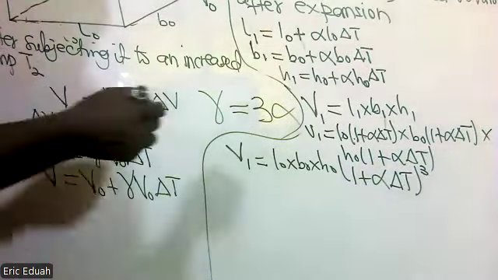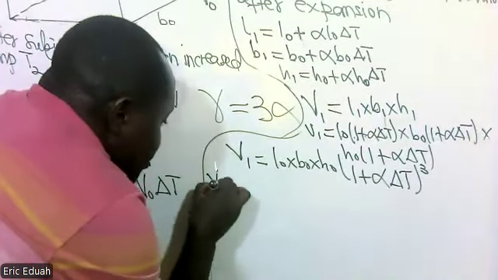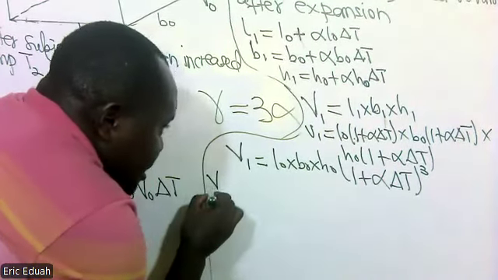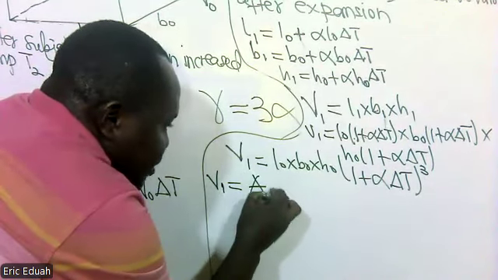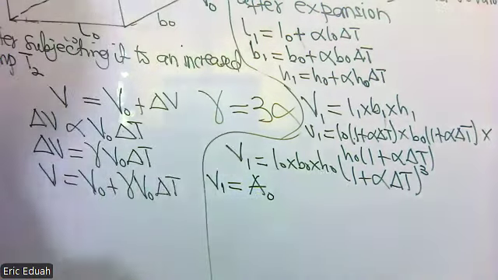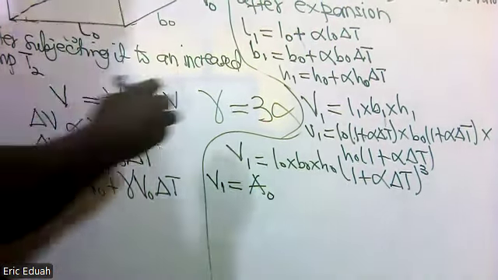When you expand this binomial, you have L0 B0 H0. This product gives us the original volume.